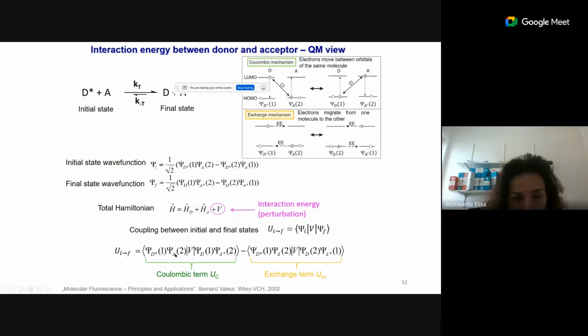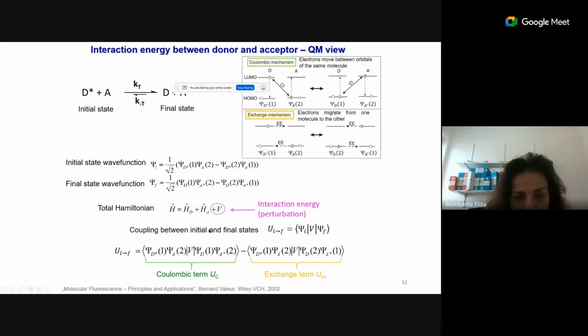Okay, so in the calculation, if we want to calculate the interaction energy, then we have the total Hamiltonian, where we have of course the Hamiltonian of the donor, the Hamiltonian of the acceptor, and the interaction energy is introduced as a perturbation.